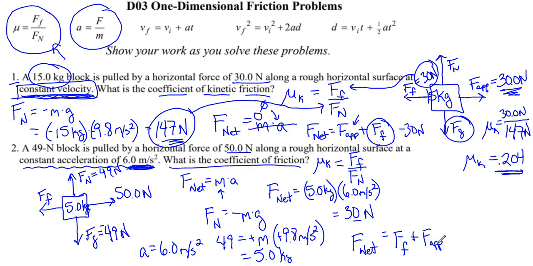Okay, so if our applied force is the 50.0 newtons, okay, and our net force was 30 newtons, that means that if we take the force of friction, it will be equal to the net force minus the applied force, okay, which would be negative 20 newtons.